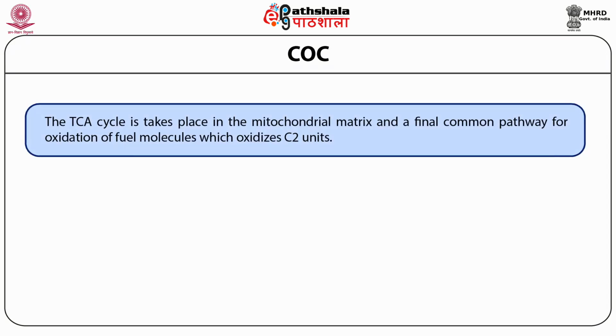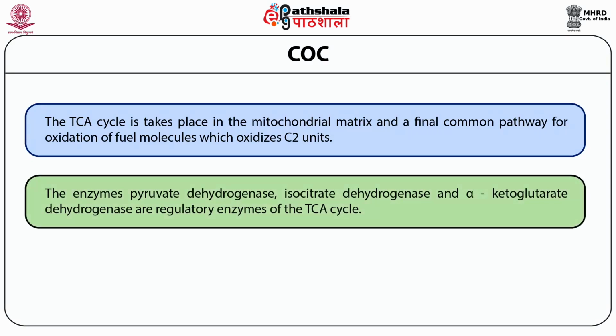The TCA cycle takes place in the mitochondrial matrix, and is a final common pathway for oxidation of fuel molecules, which oxidizes C2 units. The enzymes pyruvate dehydrogenase, isocitrate dehydrogenase, and alpha ketoglutarate dehydrogenase are regulatory enzymes of the TCA cycle.